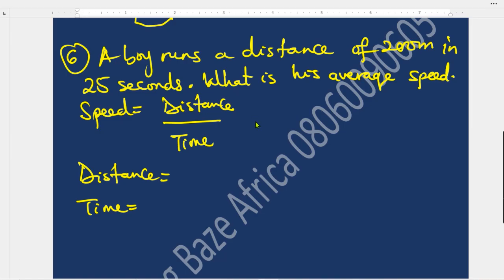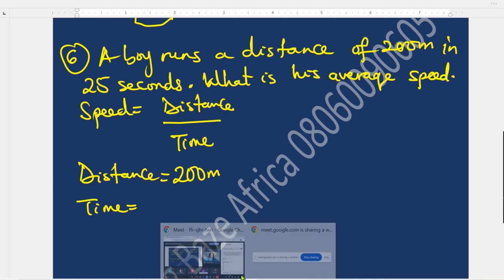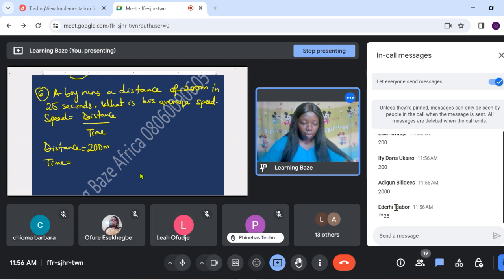So what is the time? A boy runs a distance of 200 meters in 25 seconds. What is the time? Yes, 25. Always write the unit.